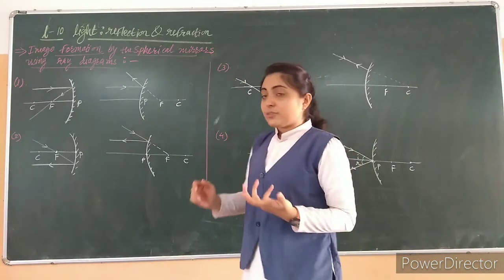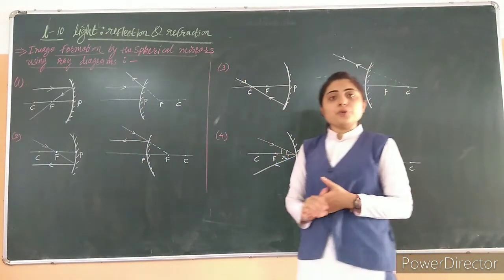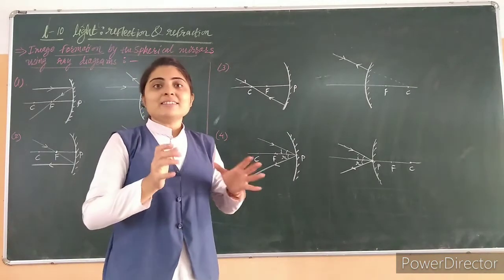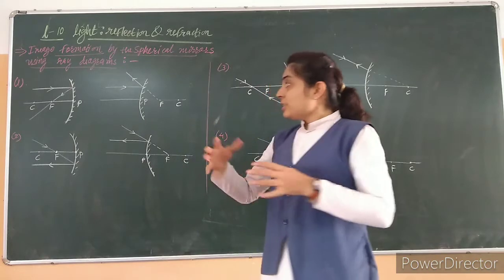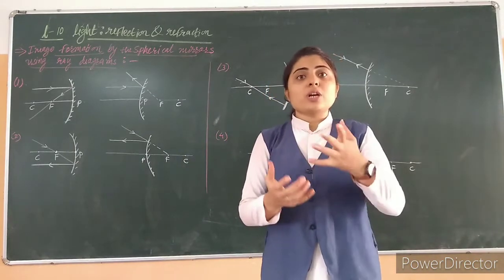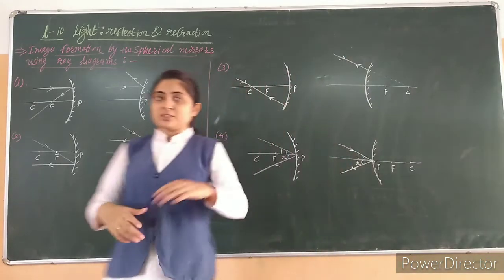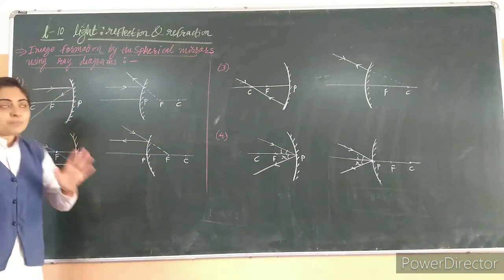Which specific rays can we take? Here are a few very specific rays that give us an easy way to locate the image of the object. For spherical mirrors, we are taking both mirrors together, concave mirror and convex mirror.